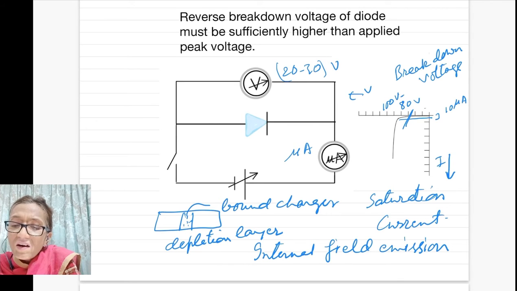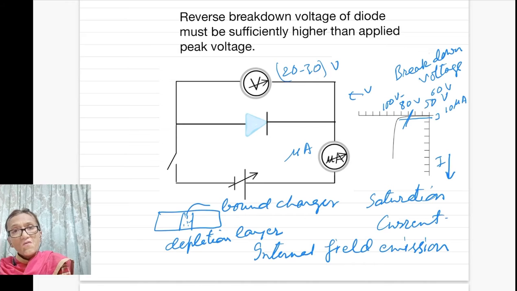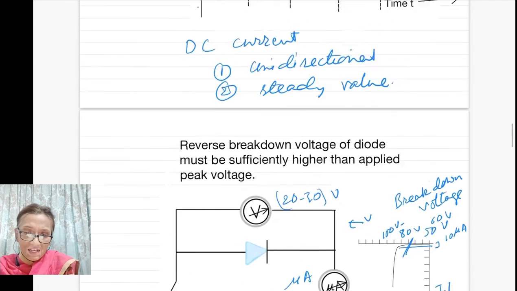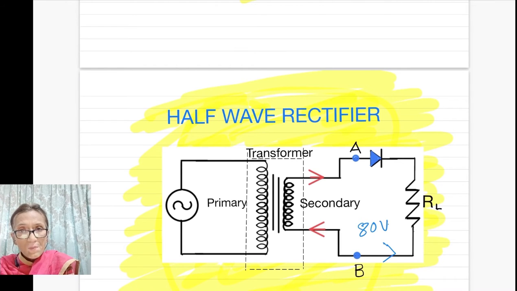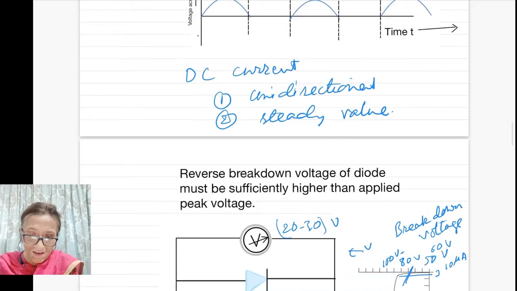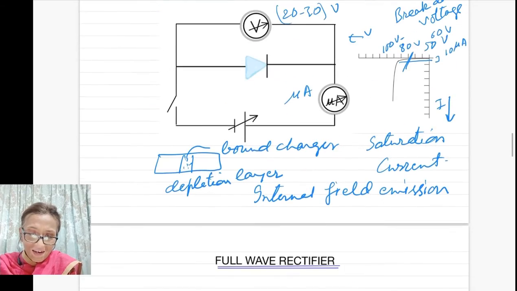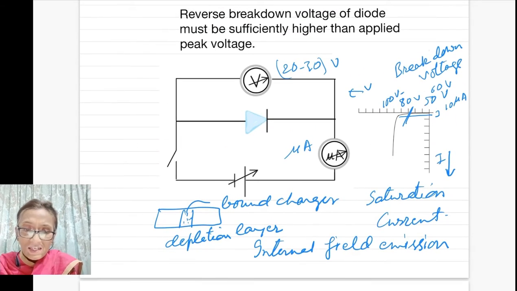You should apply nearly 50 volt or 60 volt reverse bias voltage, because when you apply a reverse bias voltage in this circuit of 80 volt or more, what happens? You will find that current suddenly increases to a very high value.